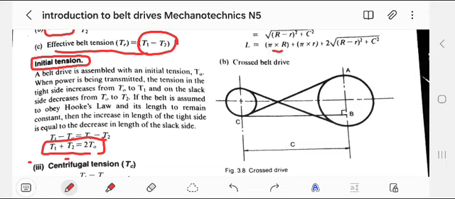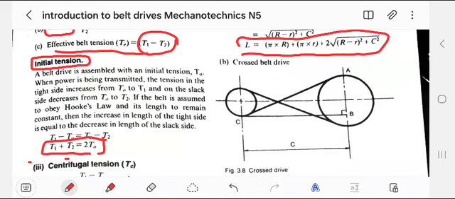It will be pi multiplied by R plus r, where small r is the small pulley radius, plus 2 into the square root of R minus r squared plus C squared. So this is the formula. You'll see this in your textbook to calculate the length.